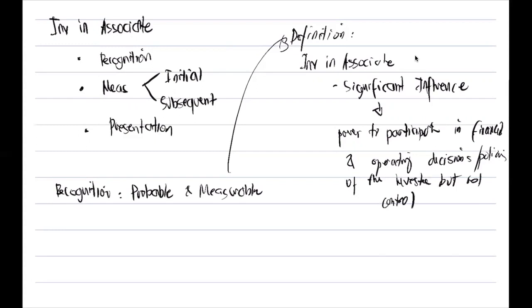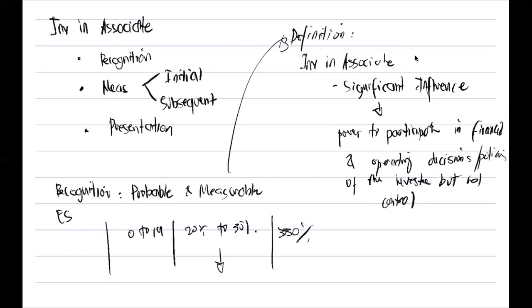Okay? So it is the power to participate in financial and operating decisions or policies of the investee, but not control. So if you still remember when we talk about your equity securities, we have these different levels of ownership. So we have here 0 to 19, we have here 20 to 50, and we also have more than 50%.